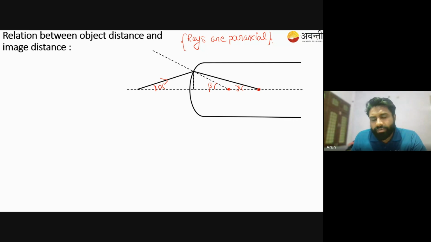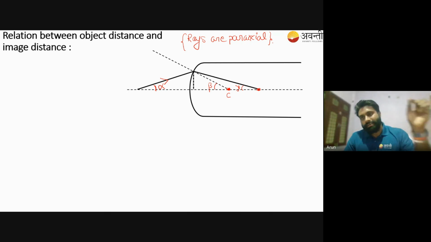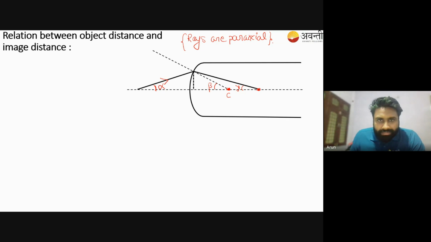If I draw the normal to this surface, it would definitely pass through the center of curvature, because any line drawn perpendicular to the surface of a sphere will pass through its center and behaves as the radius of it. If it connects both ends, it will become the diameter. So here this line would join the surface at the center of curvature of this refracting surface.